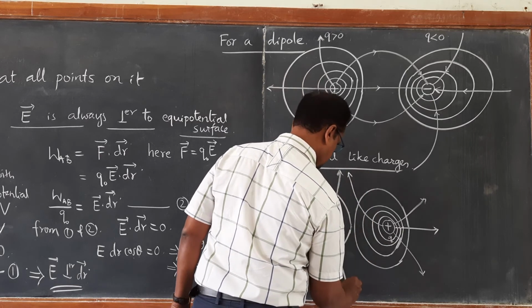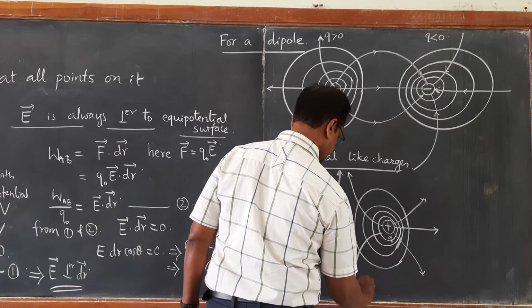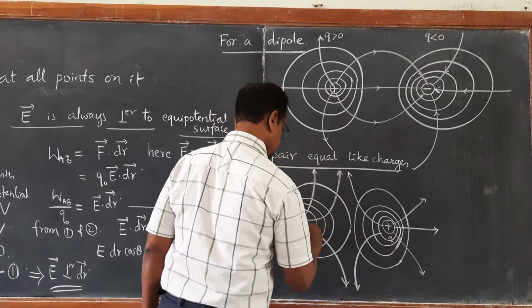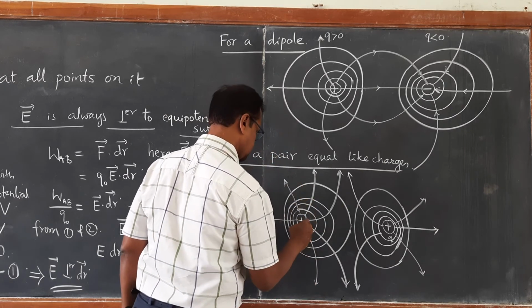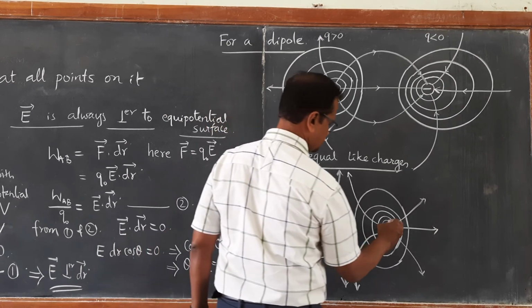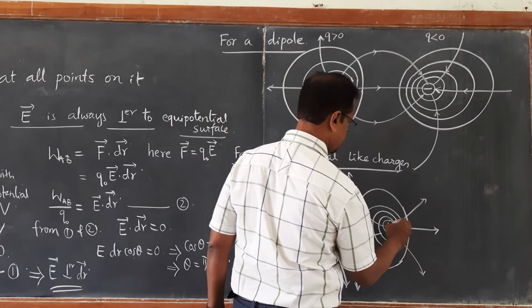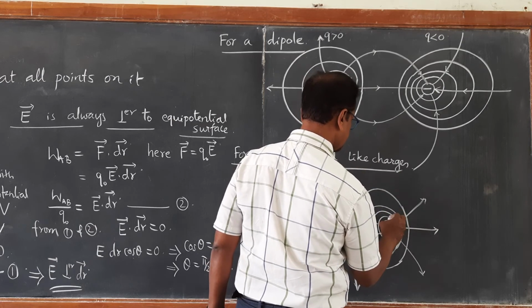So, this is how one can show the field lines. These are the field lines as well as the equipotential surfaces for a pair of like charges having the same amount.